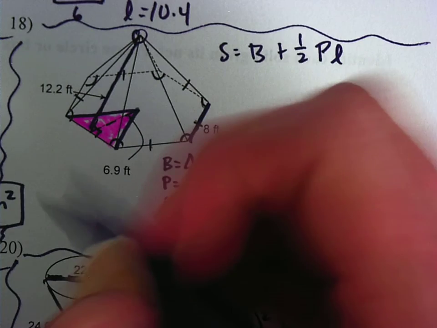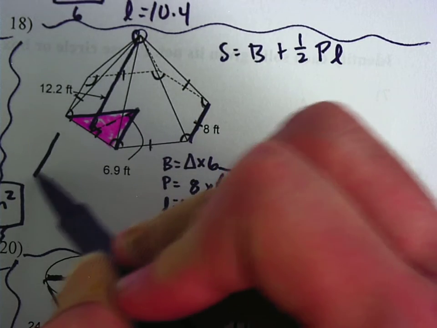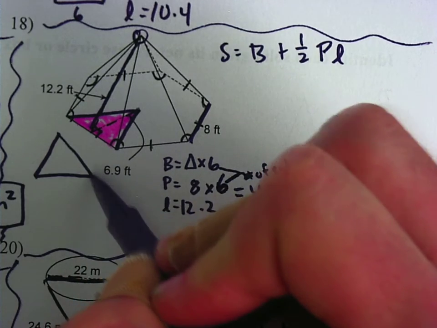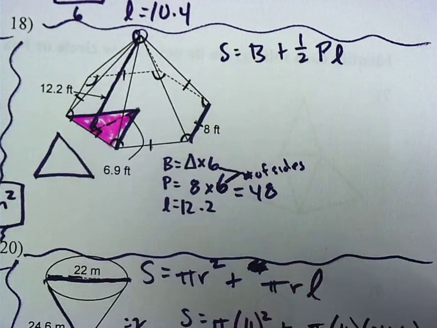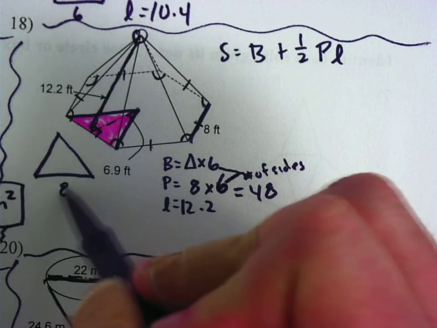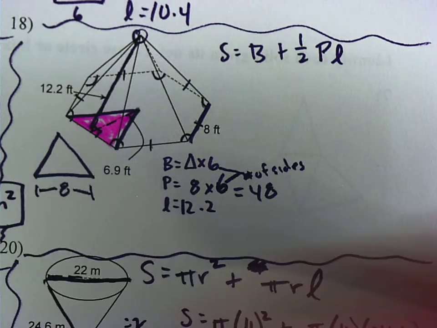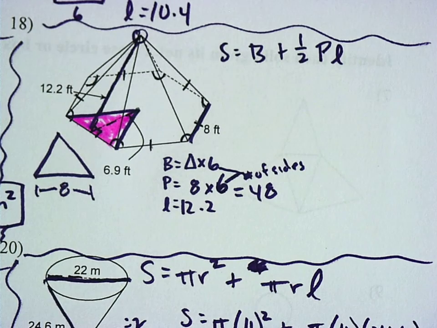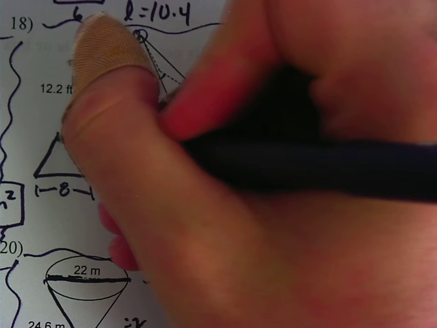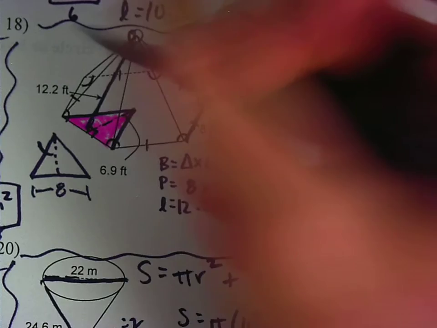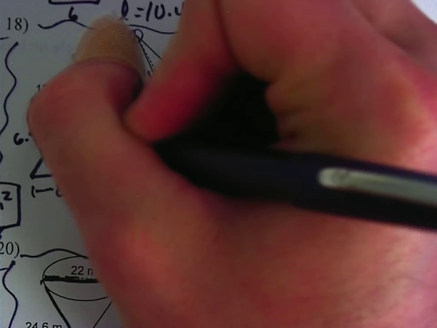When I redraw it, it looks something like this. It's got a base of 8. And on the quiz tomorrow, it'll be so convenient, they're actually going to tell us the height as well. The height of this is 6.9.